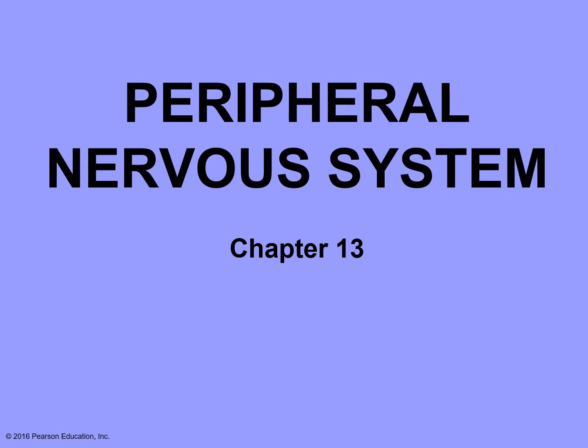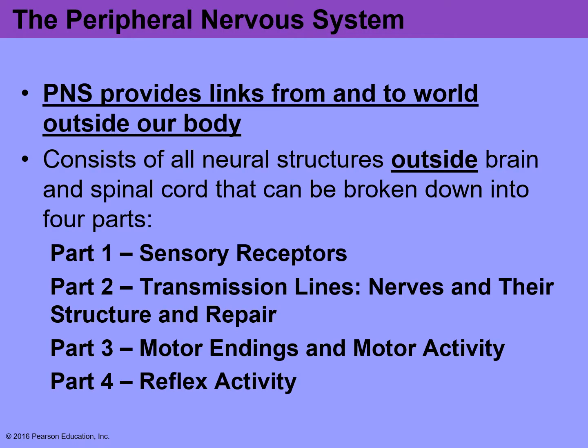This is chapter 13, which deals with the peripheral nervous system. The peripheral nervous system is everything that is outside of the brain and the spinal cord.